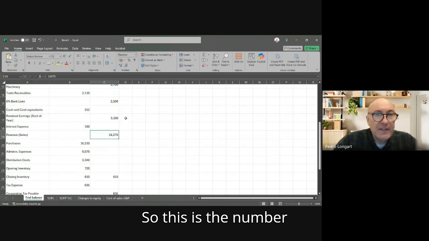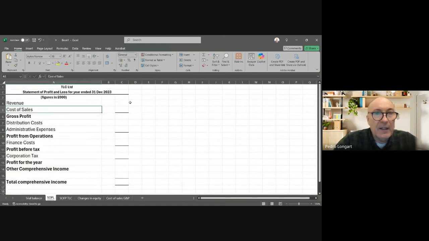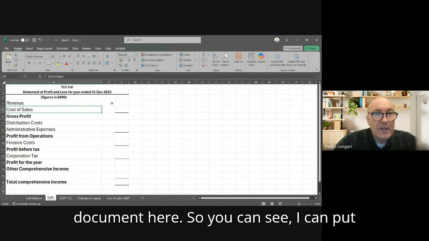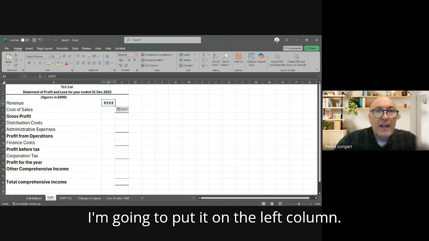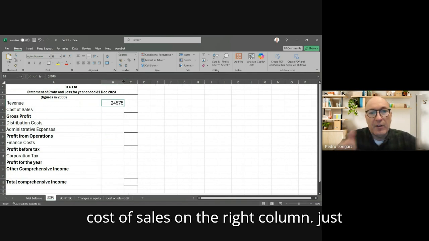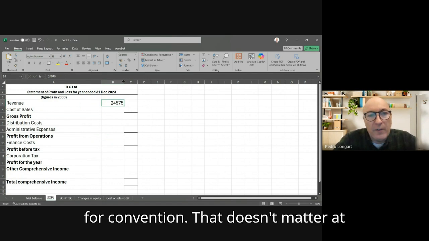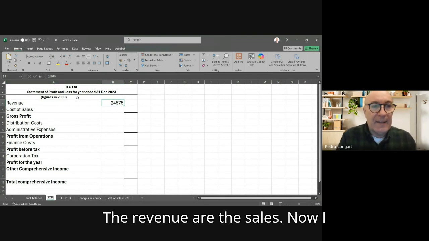So this is the number that I simply copy and put in the document here. I'm going to put it on the left column, and then I'm going to put the cost of sales on the right column. Just for convention, that doesn't matter at all. So you have the revenue now. The revenue are the sales.